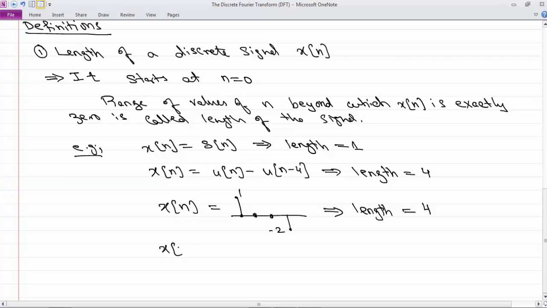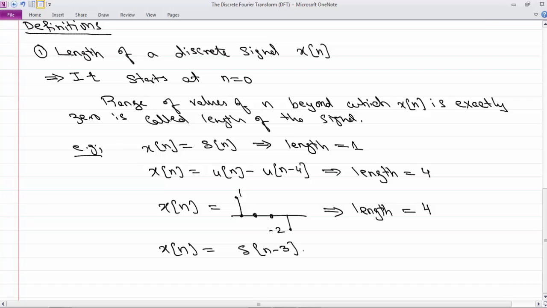So here is a final example. x[n] equals delta of n minus 3. The length of this signal is still 4, using the convention that we talked about earlier. We say that the signal starts at n equal to 0. So delta[n minus 3] means that you are storing 0, 0, 0, and 1.